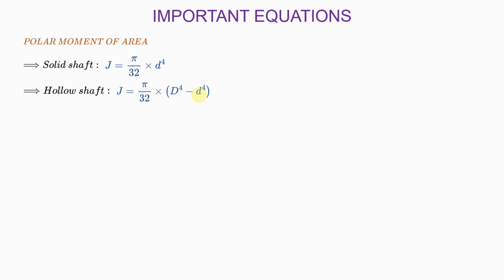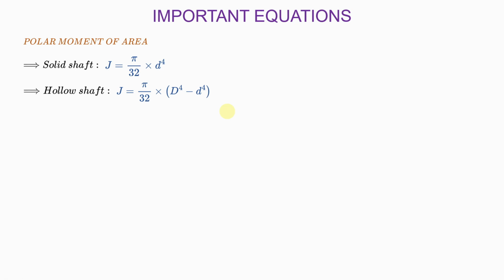So when the shaft is hollow, the polar moment of area is equal to pi over 32 multiplied by the outer diameter raised to the power of 4 minus the inner diameter raised to the power of 4.